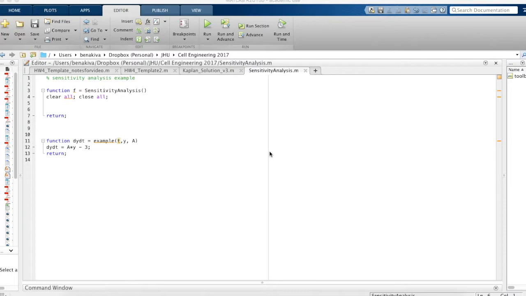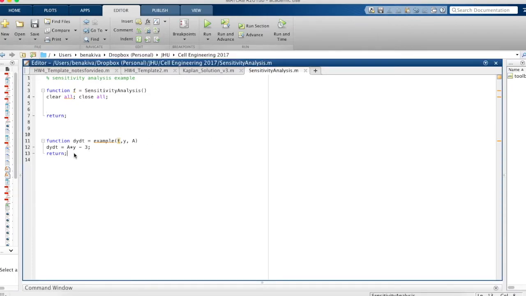So I'm just going to go through a really simple example of what a sensitivity analysis would look like. In this example, I have my ODE set up here. So I just have one really simple ODE. Obviously you wouldn't actually need an ODE solver to solve this, but just for the sake of the example, we're going to use it. So the ODE here is dy dt equals a times y minus 3.